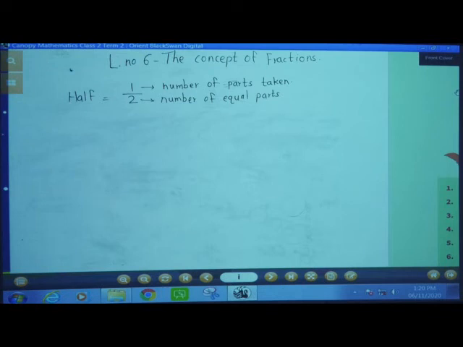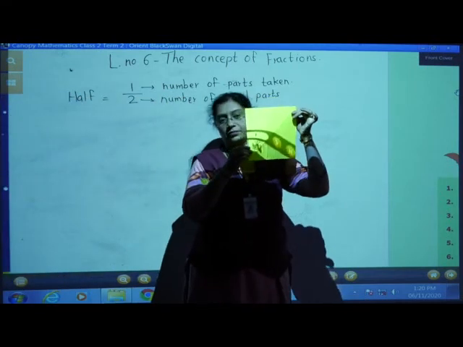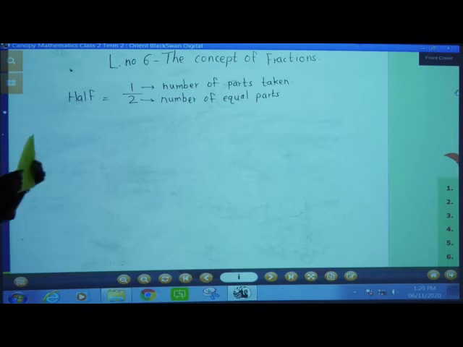Now see, take a piece of paper like this. Okay? Now we divide it into 2 equal parts in as many ways as you can by folding.